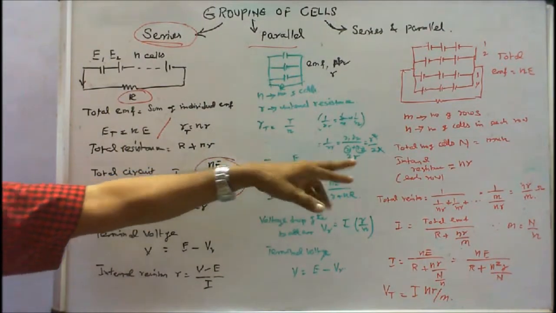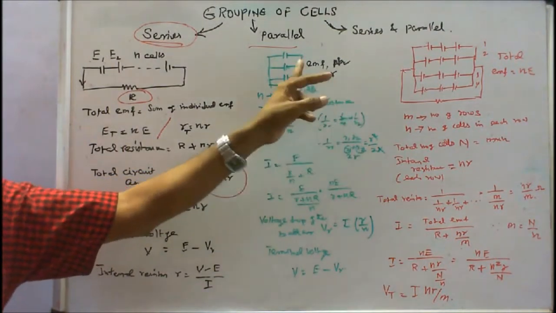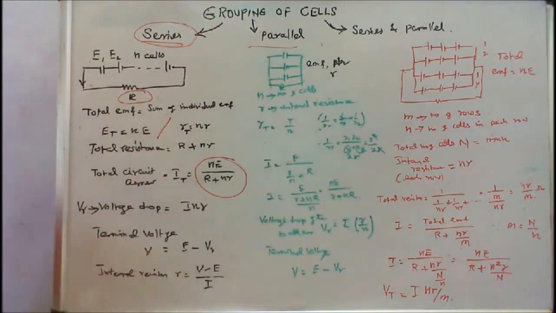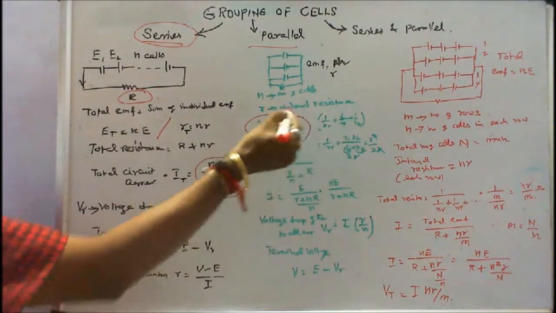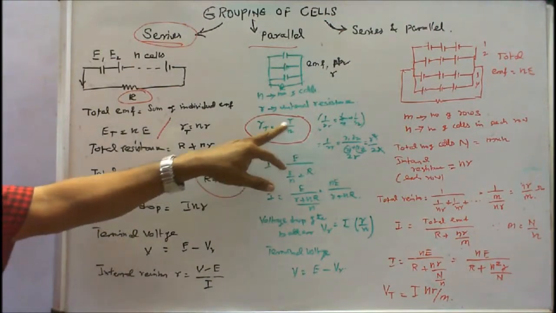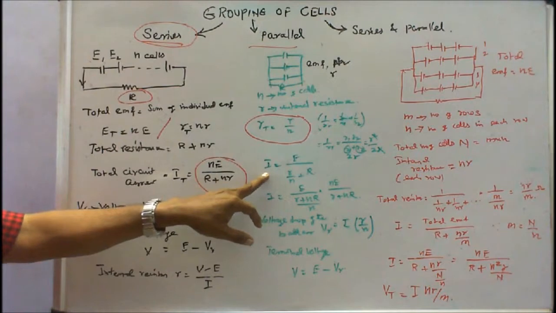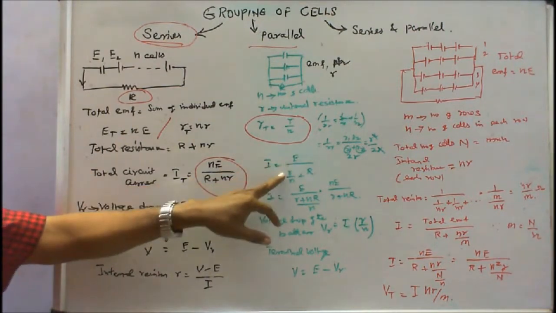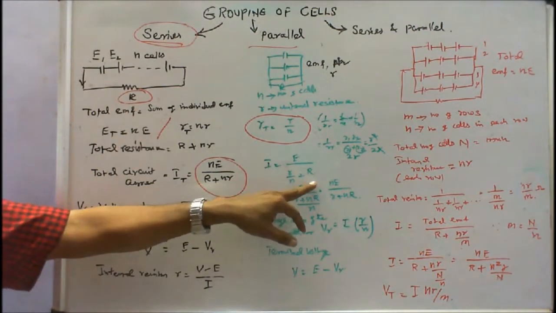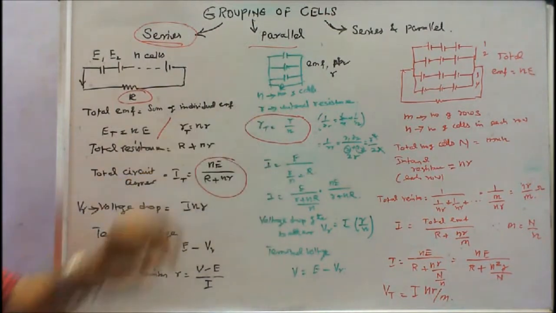Here the 2 represents the number of cells. If I connect n number of cells, the total internal resistance RT is equal to r by N. Therefore, the total circuit current I is equal to E divided by r by N plus R, where capital R represents the load resistance.